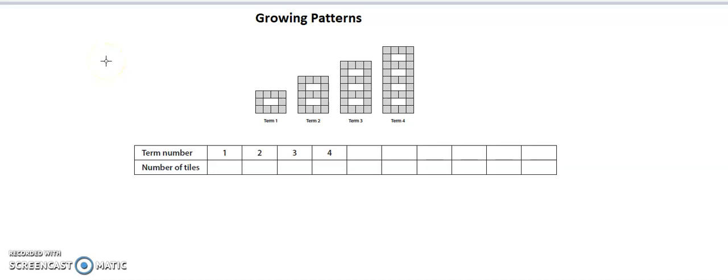and growing patterns. So we've got a pattern up here with term 1, term 2, term 3, and term 4. When we're thinking about it, we always refer to the terms as our x values. So where I've got term number, I'm just going to put an x.